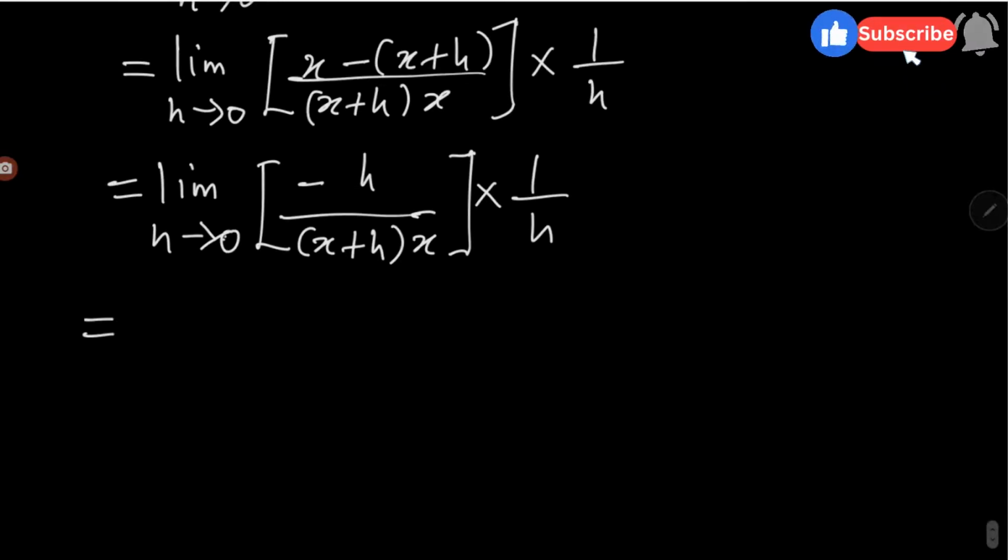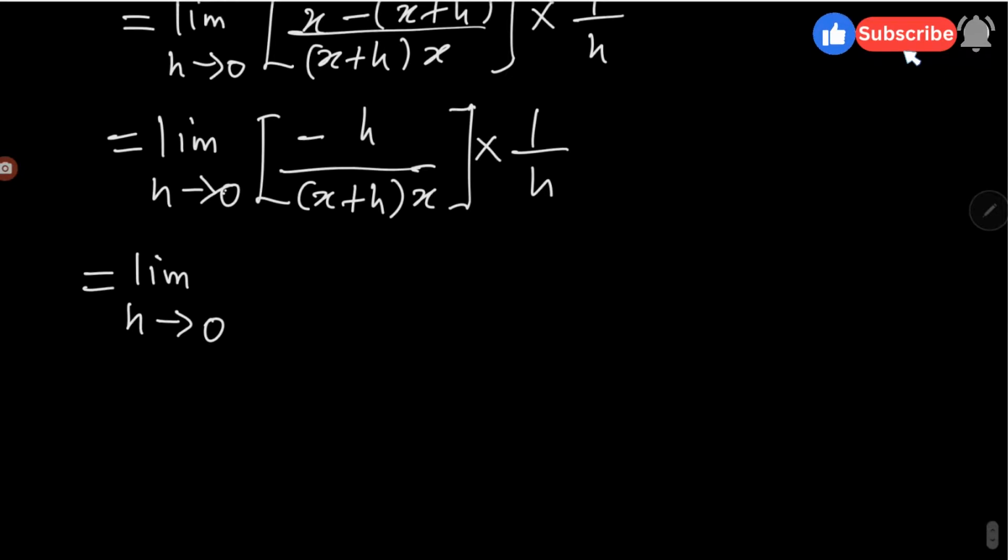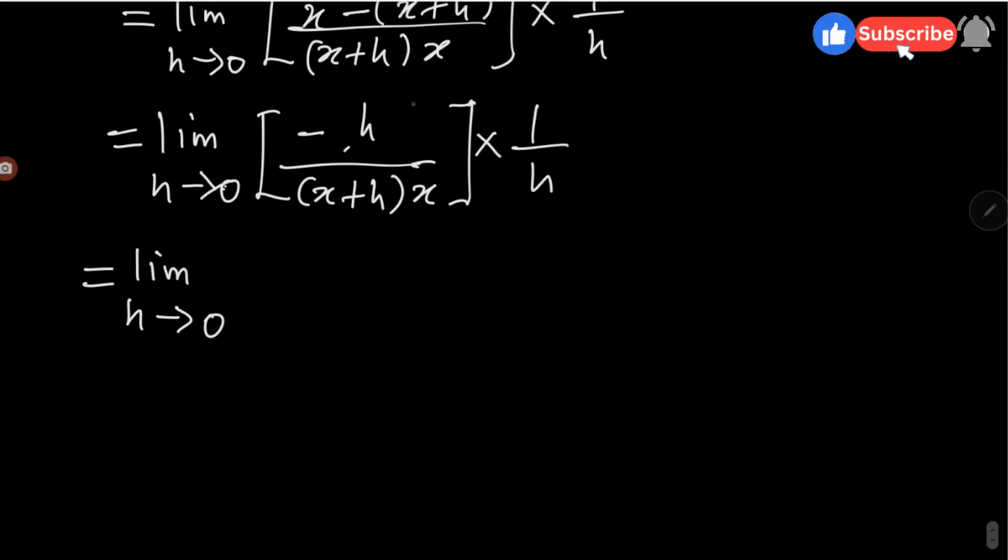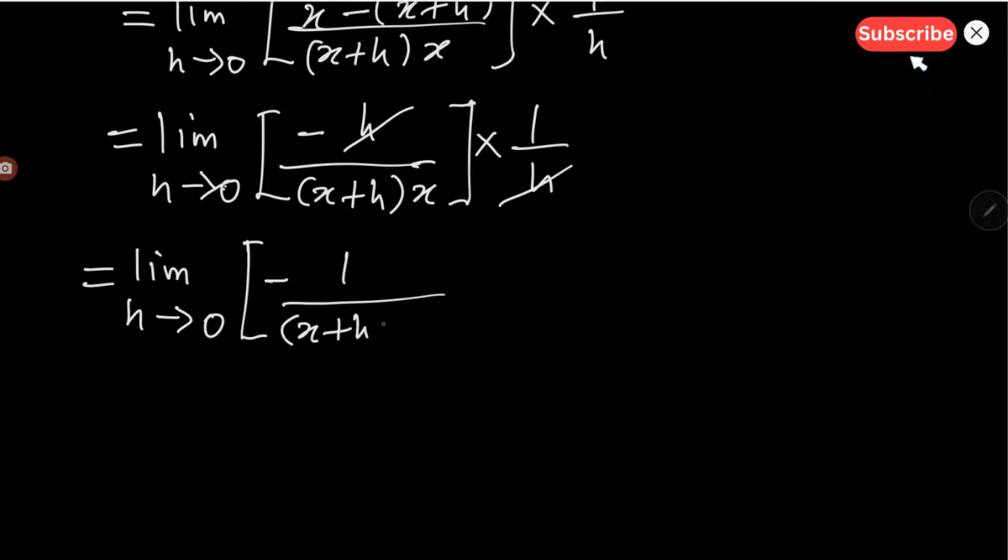So we'll say this is equal to the limit as h tends to 0. So this h and that h will go, and I'll say in the brackets I'm remaining with minus 1 over x plus h, and then x.